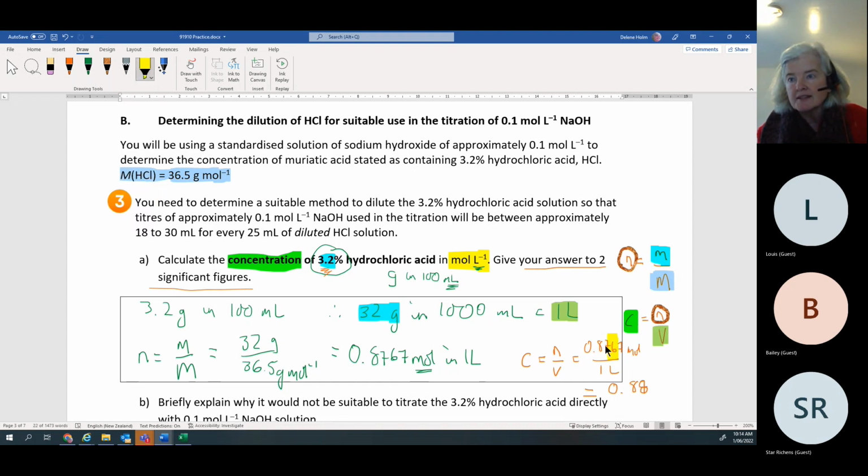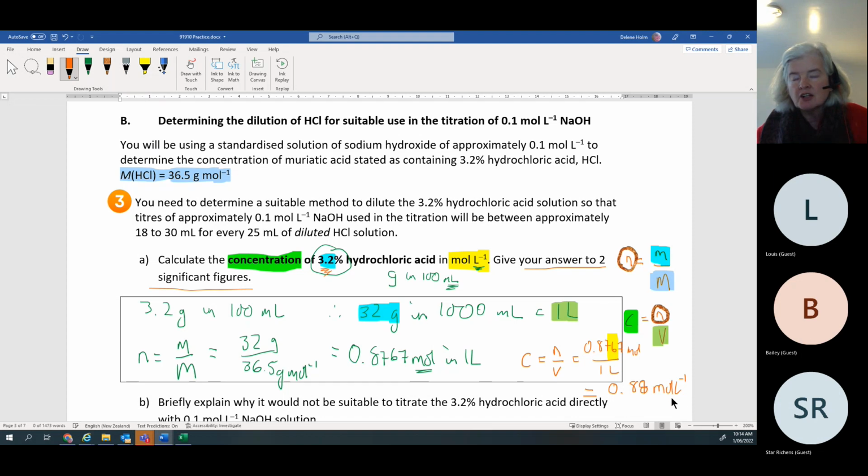So that will make the 7 go to 8. If it was 0.875, whatever, you would still take the 7 up to the 8. But keep all the figures in your calculator, okay? Because when you continue rounding or carrying on, you want to make sure you've got as accurate figures as possible. So that would be now mole per liter.